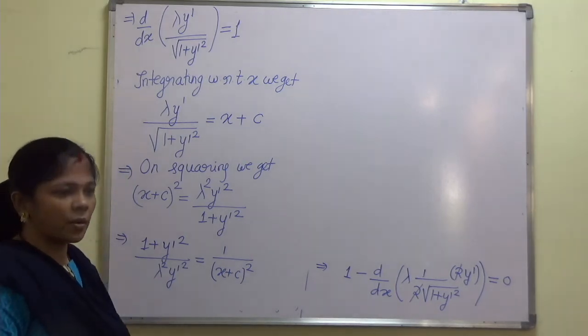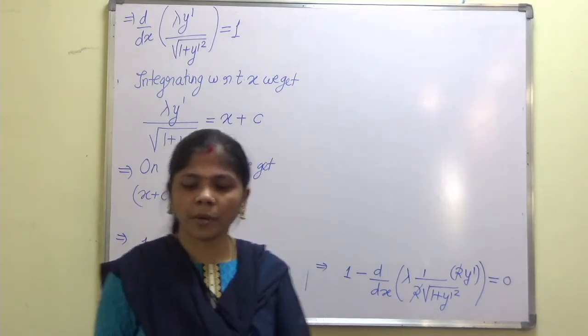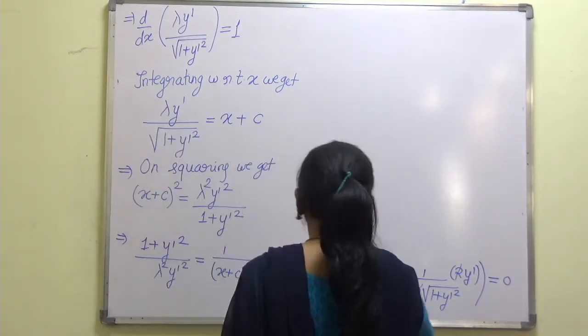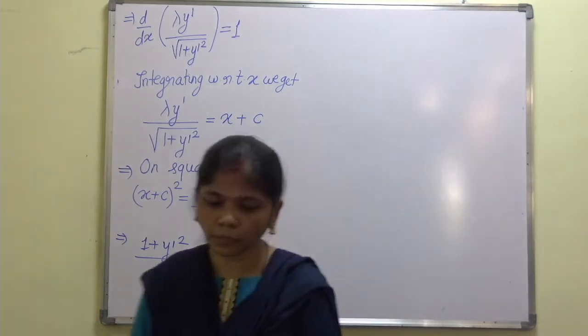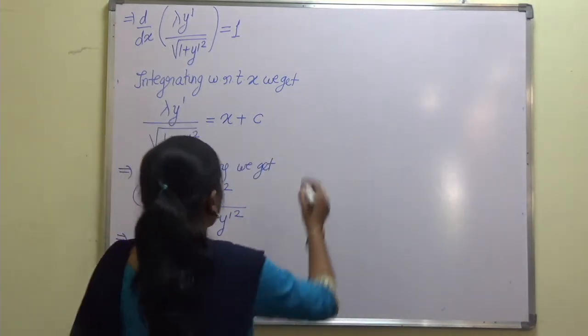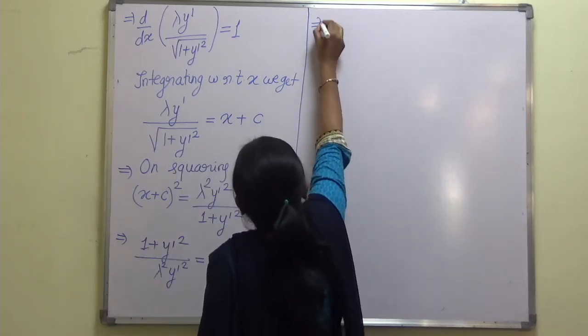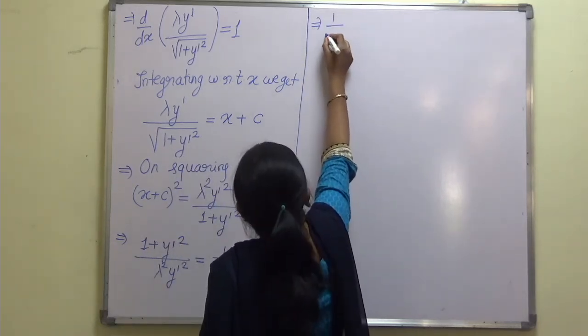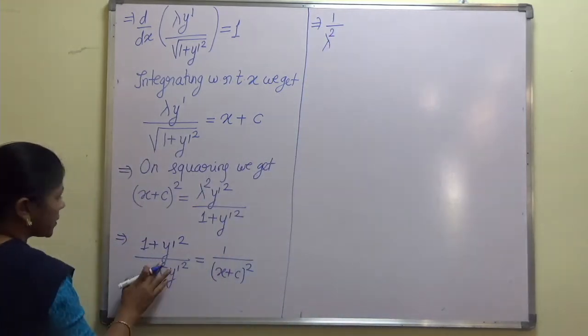Now on separating the numerator, this implies one upon lambda square, or I can take lambda square over here.